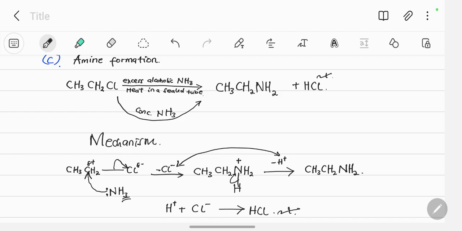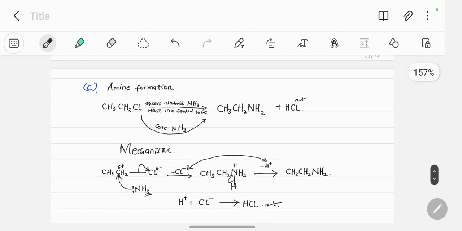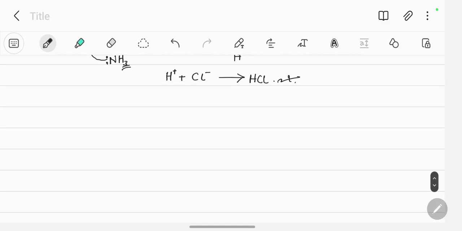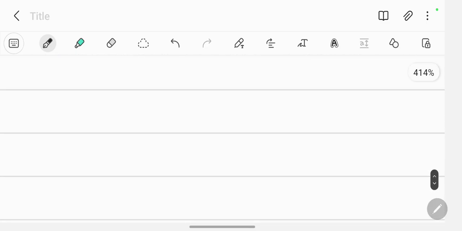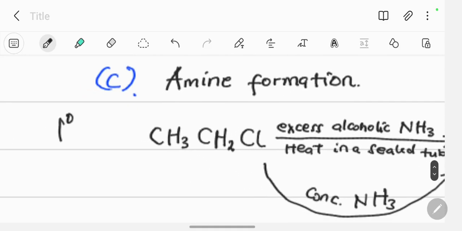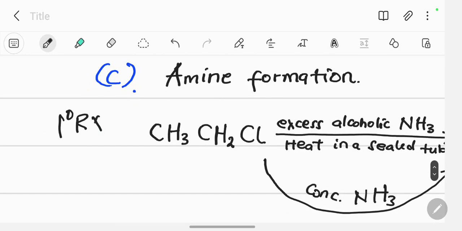If it's a secondary alkyl halide, so this one was primary alkyl halide.